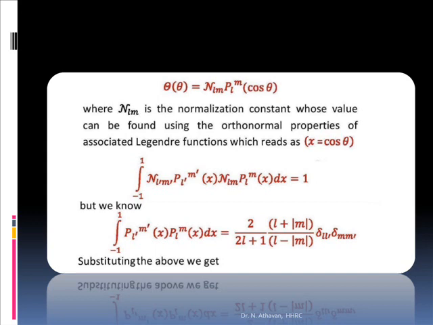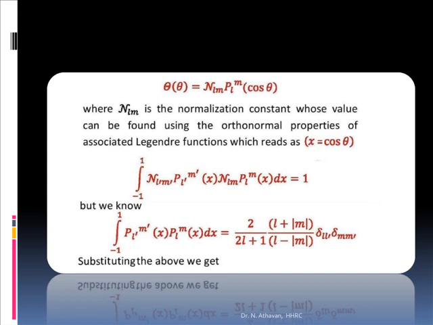From the orthonormal properties of associated Legendre functions, we know the integral from minus 1 to plus 1 of P_l'm'(x) P_lm(x) dx is equal to 2 over 2l plus 1 times (l plus mod m) divided by (l minus mod m) times delta_ll' delta_mm'. That is, if l equals l' and m equals m', this value is non-zero, otherwise it is 0.